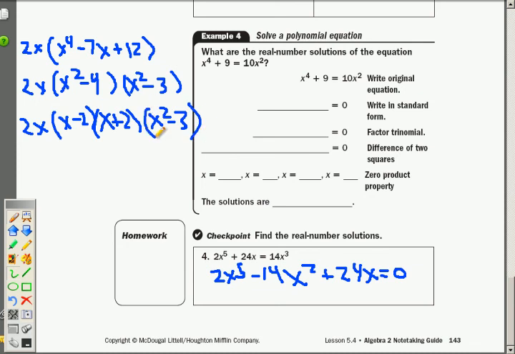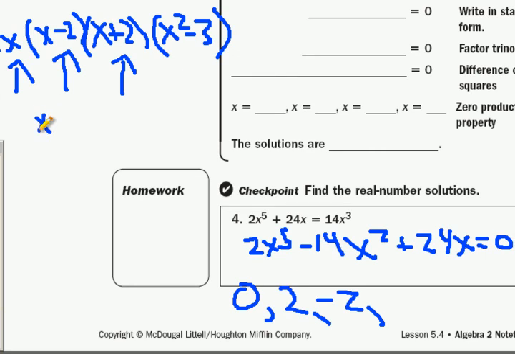What are the real solutions? Well, this one right here is 0. This one is 2. This one, negative 2. Oh, I'm 3/4 of the way there. I'm so happy. Uh-oh. What's this one? X squared minus 3 equals 0. That's how I solve this.